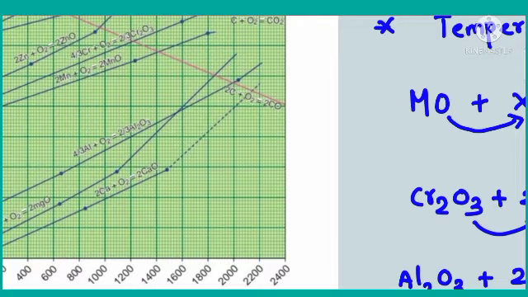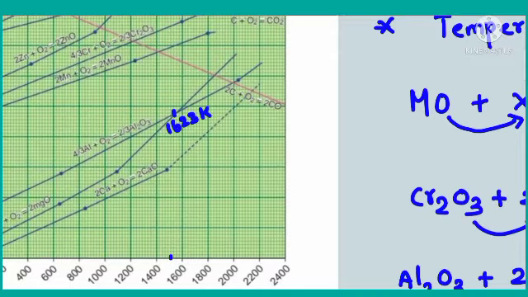This is the point where the aluminum oxide line and magnesium oxide line intersect each other, isn't it? So the temperature is approximately 1600, or exactly 1623 Kelvin. Okay, the intersection point.